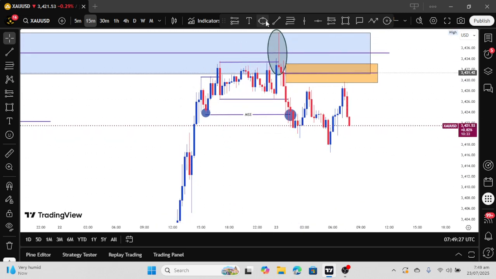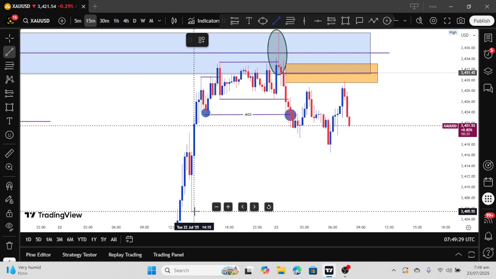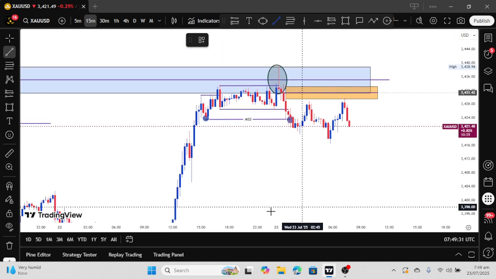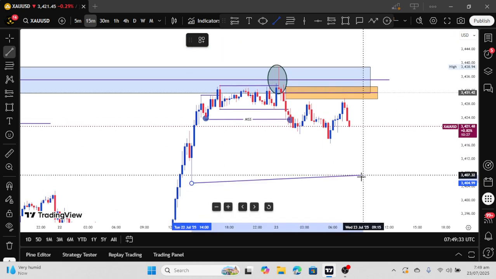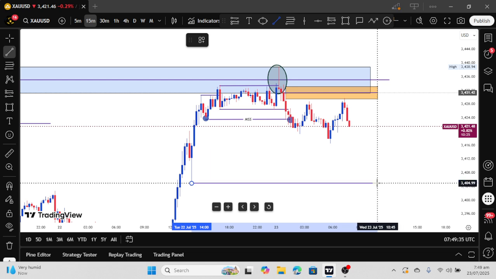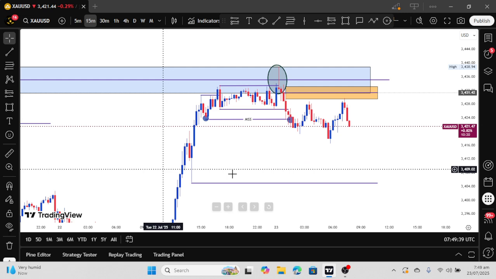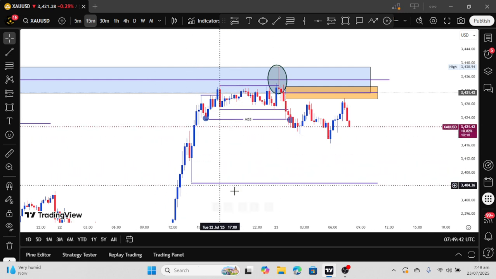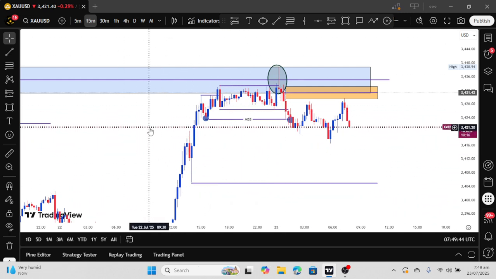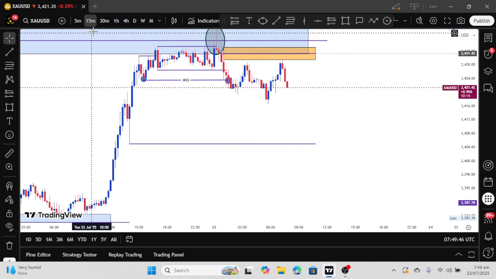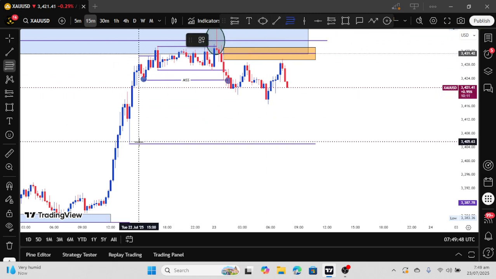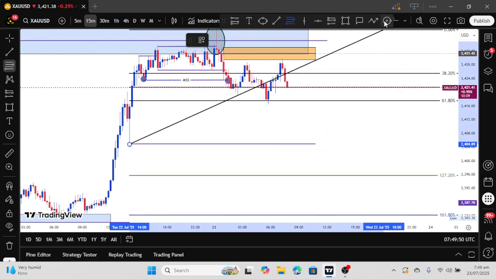And how can we get the next move? Let's wait to see if we can take out this low. That's a clear confirmation of a good sell. Because once we take out this low, which is the low that led to this overall high, we're going to take our fib zone from that low to our previous high.